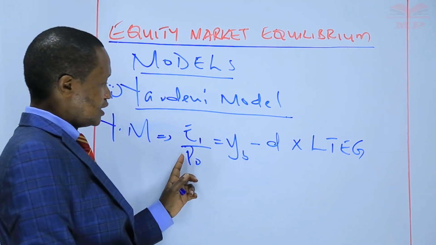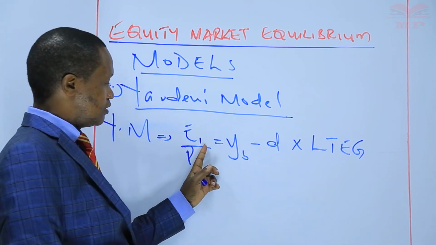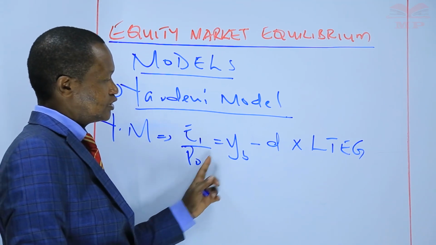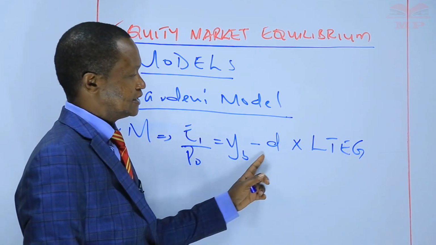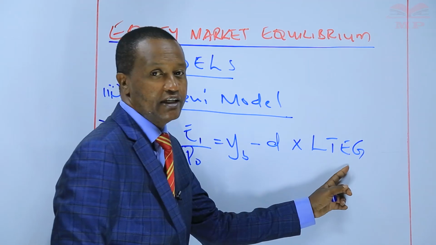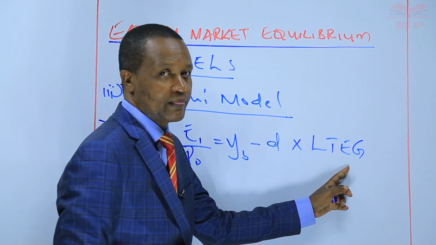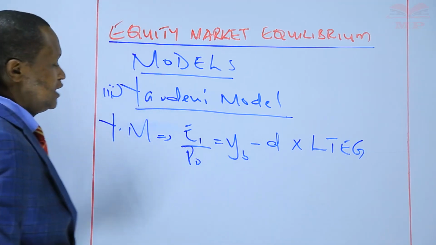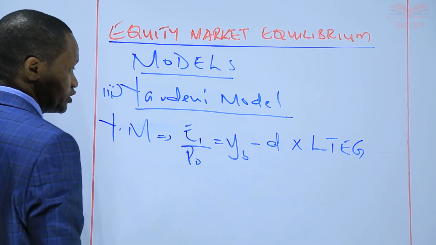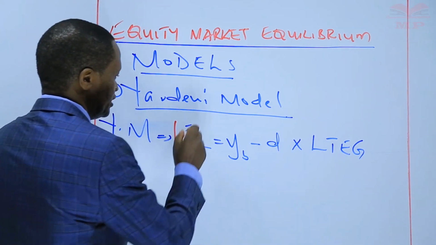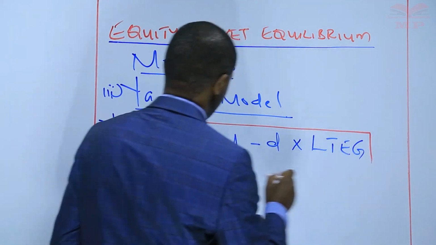It's equal to E1 over P naught, which is equal to YB minus D times LTEG. Is that clear, candidates? You need to have the formula in your head, especially for those preparing for exams. This is the Yardeni model.